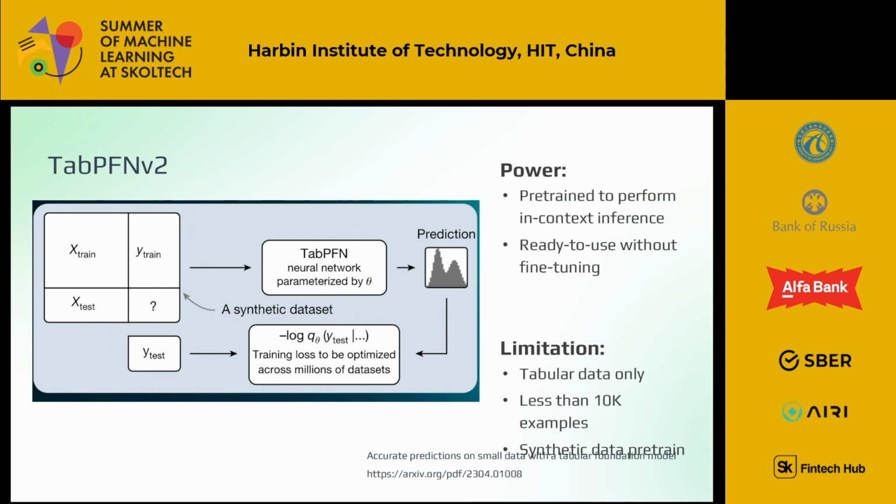During pretraining, many synthetic tabular data sets are provided to the model as context. So the input of the model is the whole training data set with features and targets.